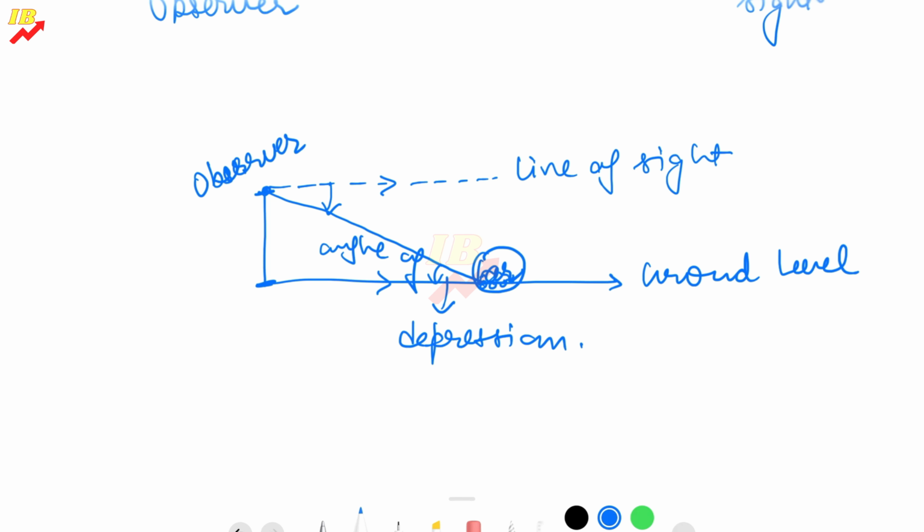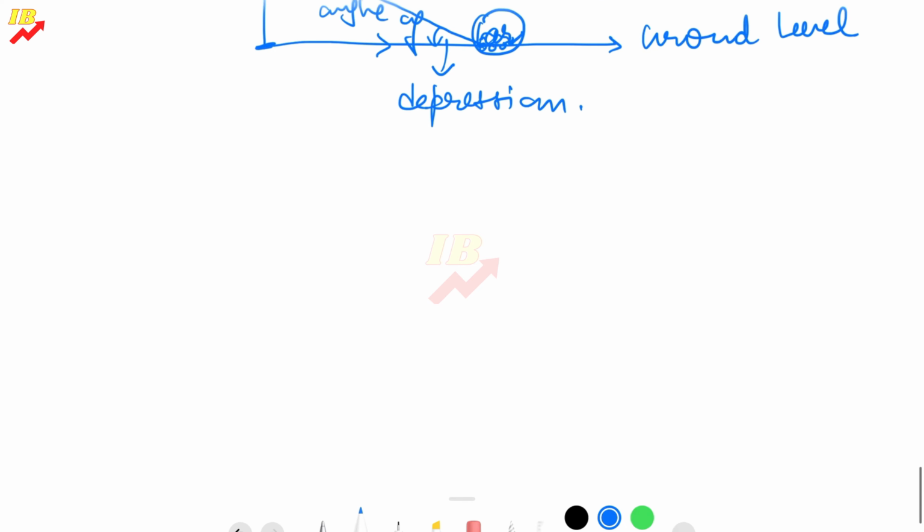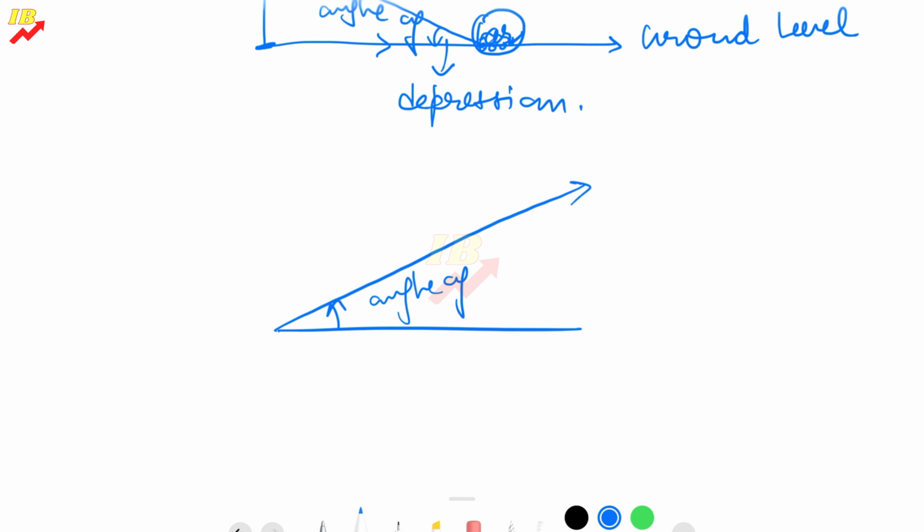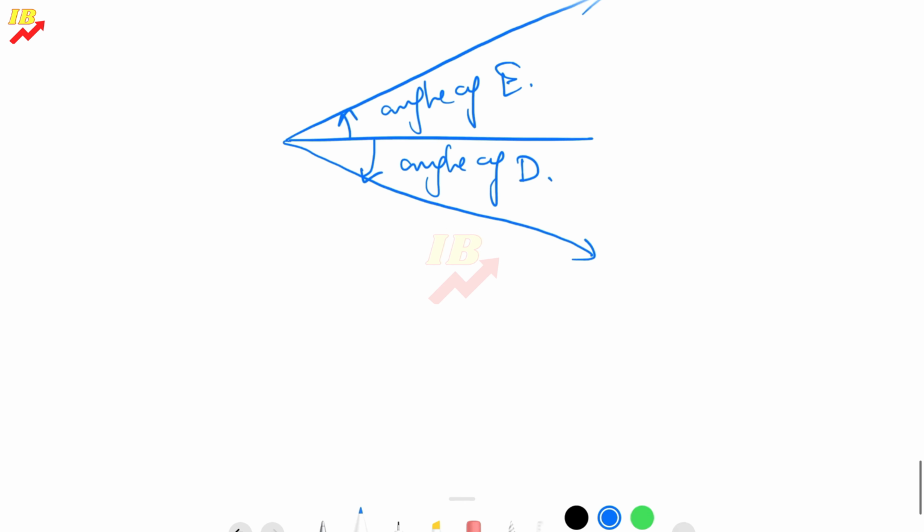If we are seeing it upwards, then this is the angle of elevation. And if I'm seeing something here, then this angle movement is the angle of depression. So it's as simple as that. We are checking the same thing from both directions.